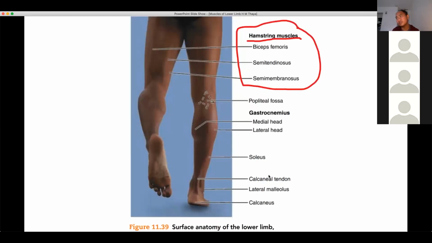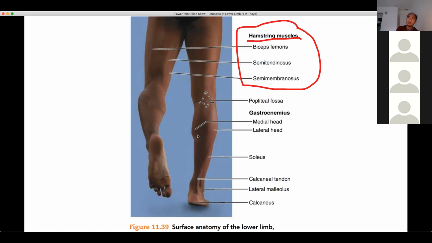So let's concentrate on the back. The posterior aspect of the thigh muscle, we know the hamstring muscles are made of biceps, semi-T, and semi-M. They all originate from the ischial tuberosity, but the biceps muscle will go to the lateral aspect of the knee, and semi-T and semi-M will go to the medial aspect of the knee. And now you can see the calf muscle, which is made of the gastrocnemius.